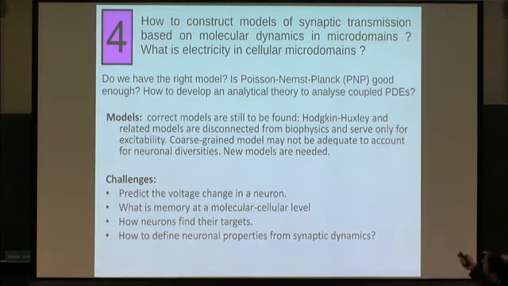And yet we can ask, is it a good enough model to understand how the electricity propagates in such a microdomain? And the last part of the small classes that I will present, I would like to spend maybe half of it on this question. It's not that I'm going to give you the answer. I'm going to show you what you can do with this model and what the limitations are.